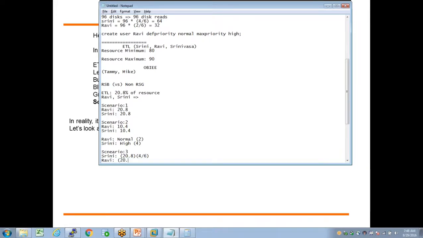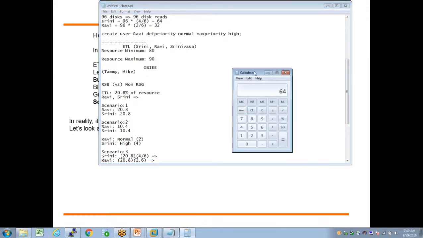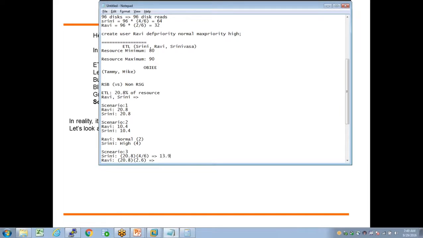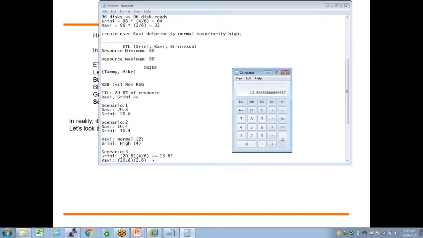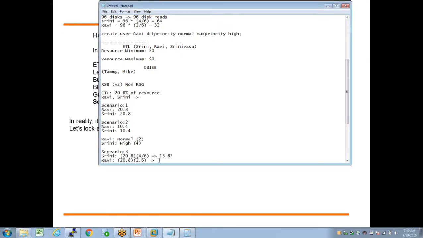Ravi gets, out of 20.8 resources, 2 by 6. So 13.87 and 6.93. This is how we both share the resources.